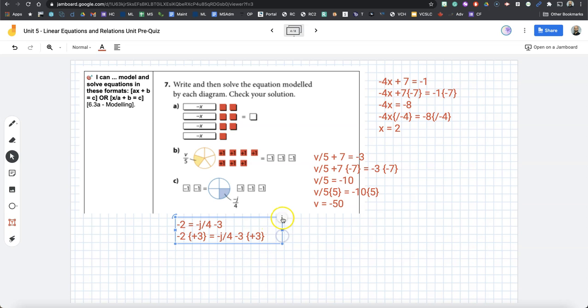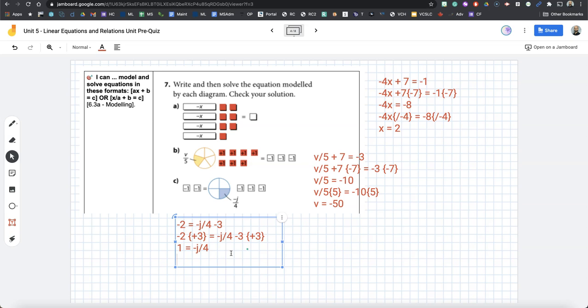I'm just going to solve this. Negative 2 plus 3 is 1. That's on that side of the equal sign. And then we've got negative j over 4. And then negative 3 plus 3, these 3's cancel out. So it's just negative j over 4.